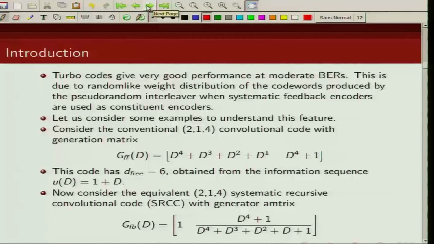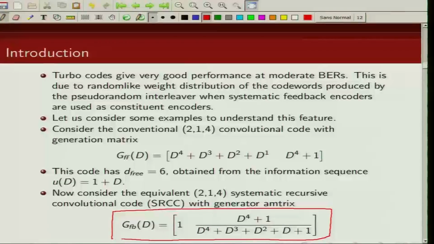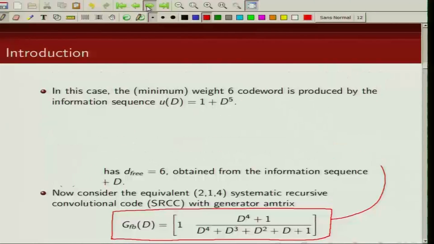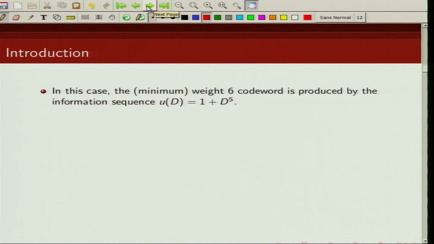Now let us consider an equivalent convolutional encoder whose generator matrix is given by this. Note, this is equivalent to the feed forward generator matrix. So this is a feedback encoder and this is a systematic encoder. Now in the case of the systematic feedback encoder, the minimum weight code word is again 6, and it is produced by an input of the form 1 plus D^5.